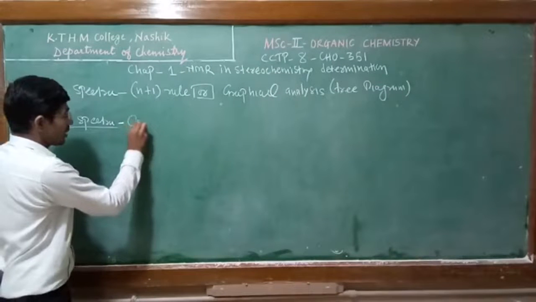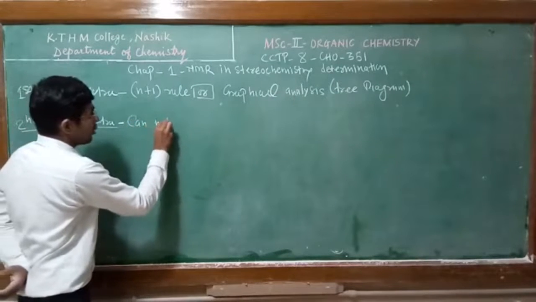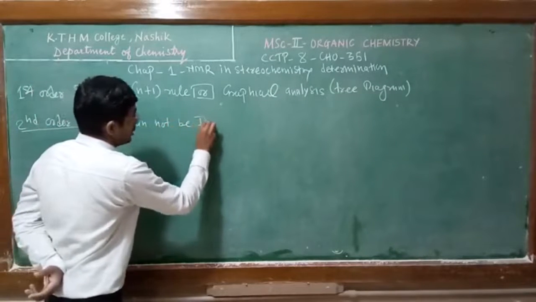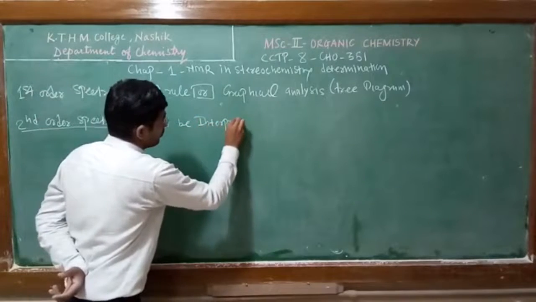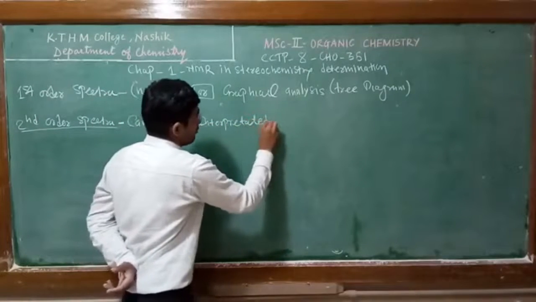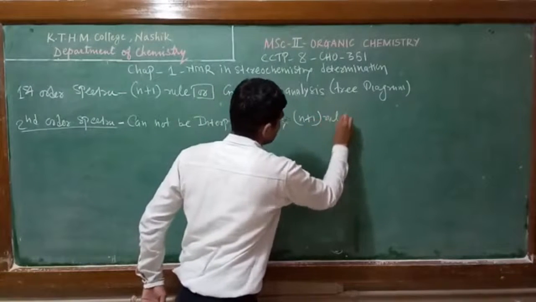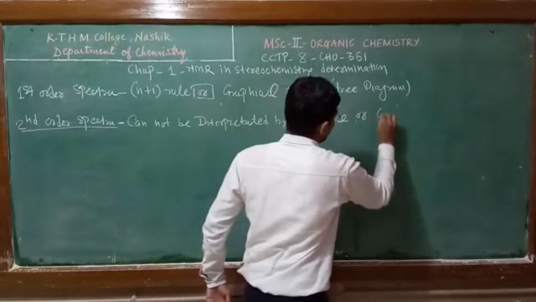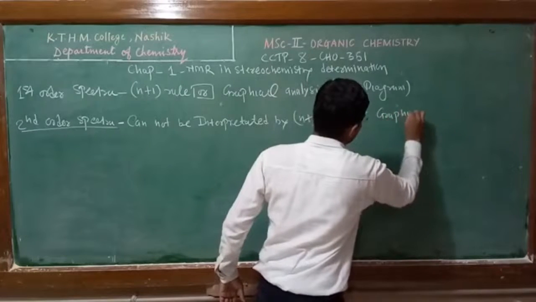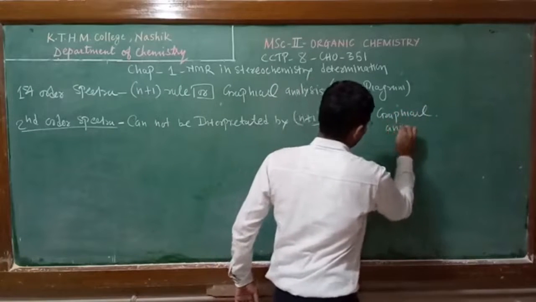And the second order spectra is nothing but the spectra that cannot be interpreted by the n+1 rule or graphical analysis.